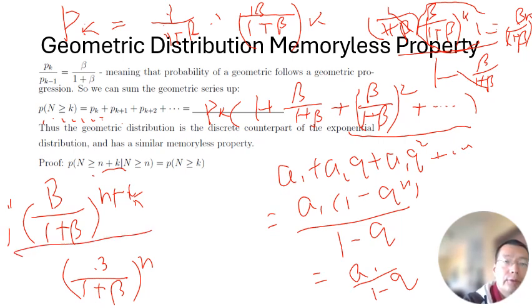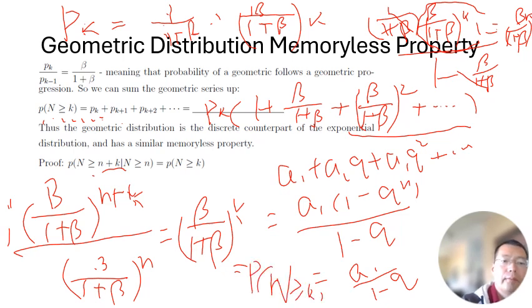This can be further reduced to (β/(1+β))^k, which is just the probability of N greater than k. So this says the geometric distribution has the memoryless property.